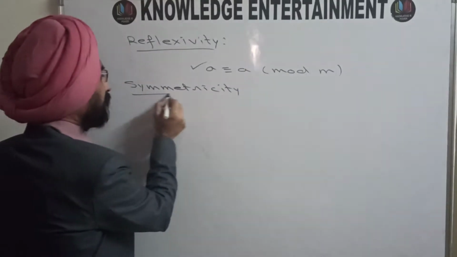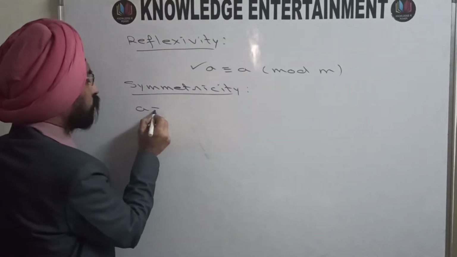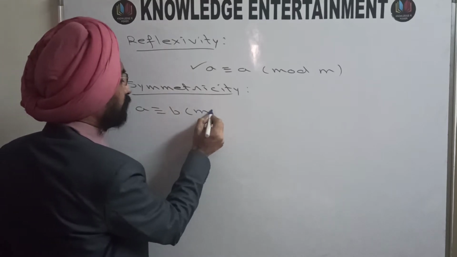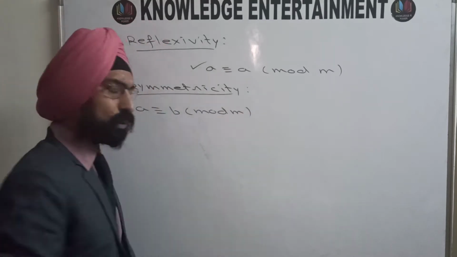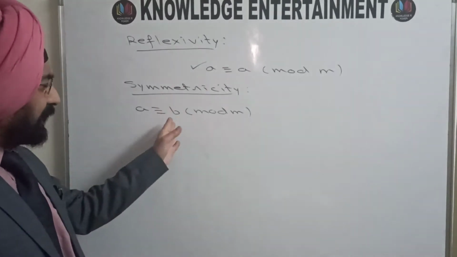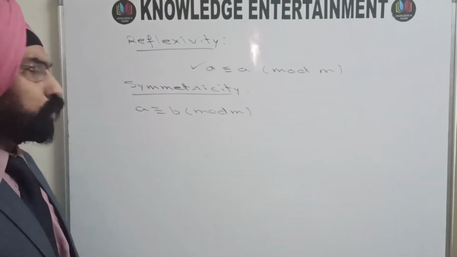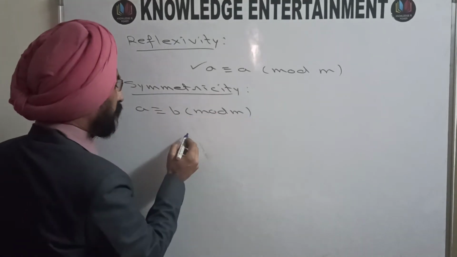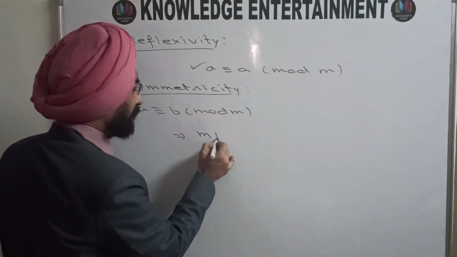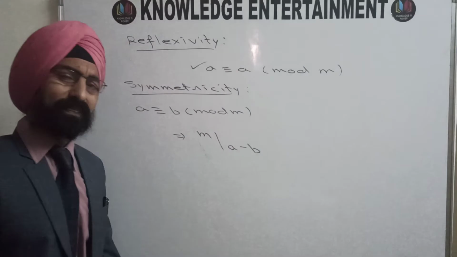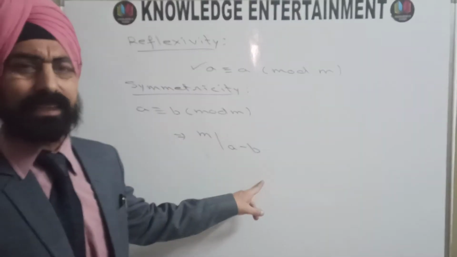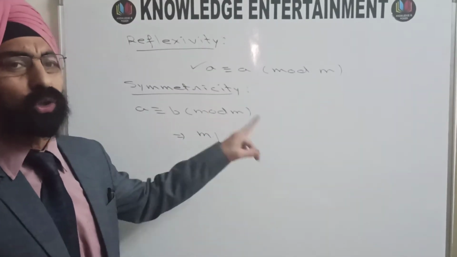Symmetricity. If a is congruent to b modulo m, we have to check if b is also congruent to a modulo m or not. That is again a very easy process. a congruent to b modulo m means m divides a minus b. And if m divides any integer, then m must also divide its negative.